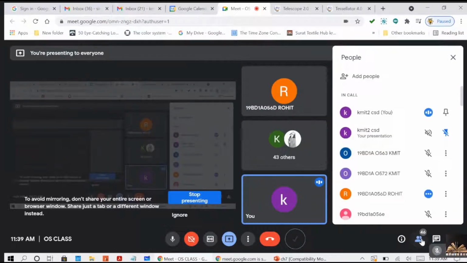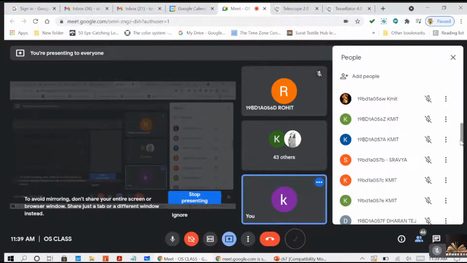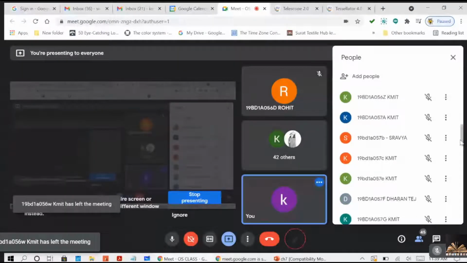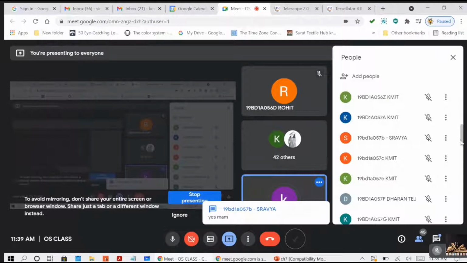Okay. So let 6E is there. Roll number 6E. 6E is not there. 7B is there. Shravya. Yes. Tell me, what are the data structures?